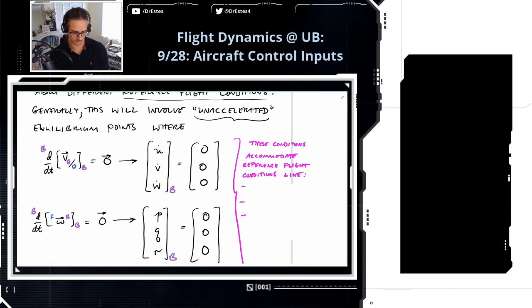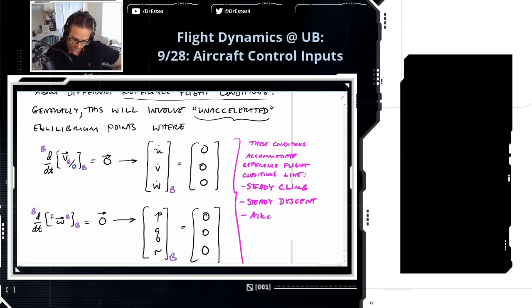So let's give a couple RFCs that can satisfy this. A steady climb, so just gaining altitude with a constant velocity. Steady descent, losing altitude with a constant velocity, coming in for a landing, something like that.